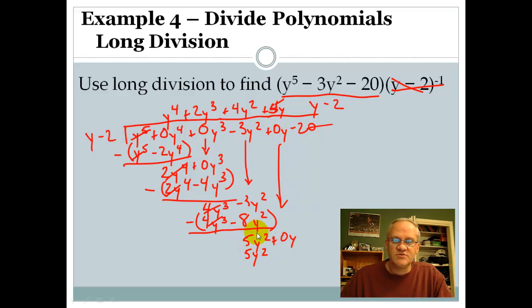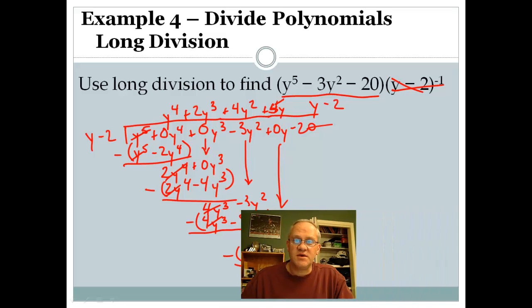And 5y times negative 2 is a negative 10y. So when you subtract all this, these cancel, and you have 0 minus a negative, so that's plus 10y.